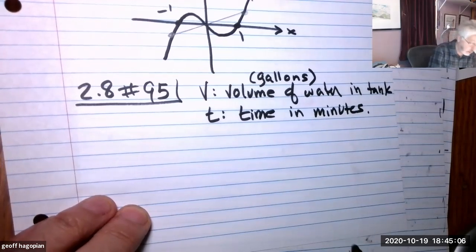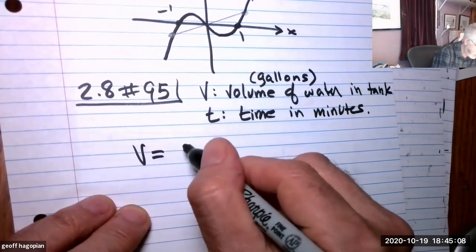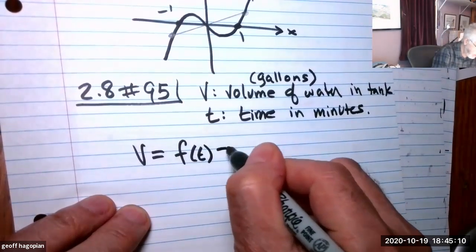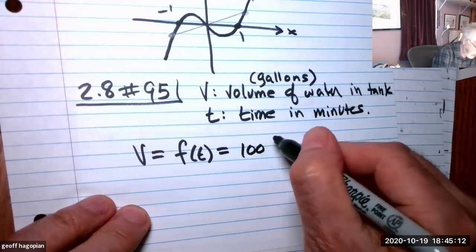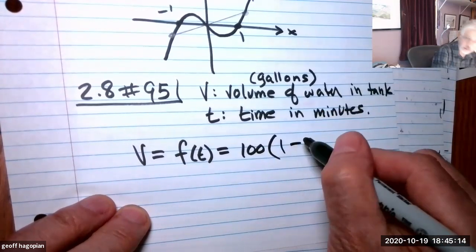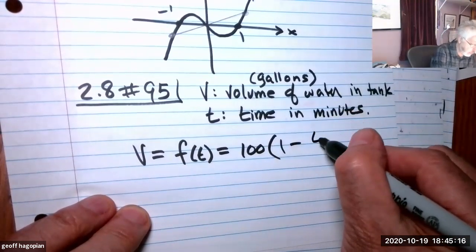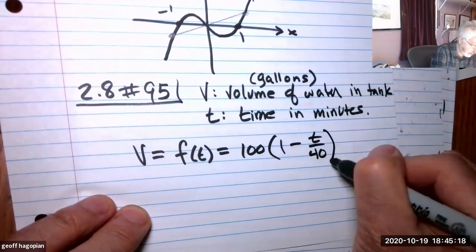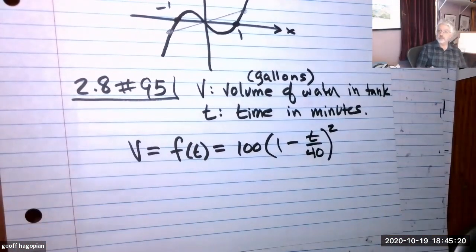So V equals F of T equals 100 times (1 minus T over 40) squared. So how was Torricelli's law developed, do you suppose? Well, that's a good question.